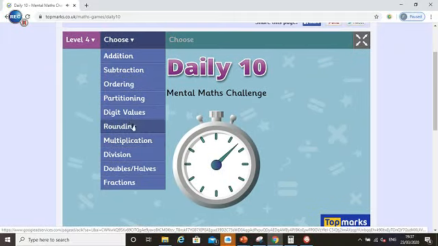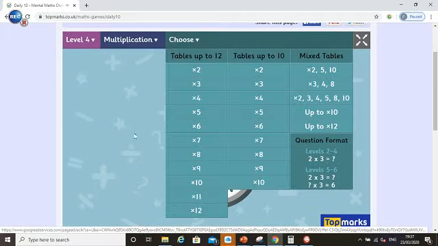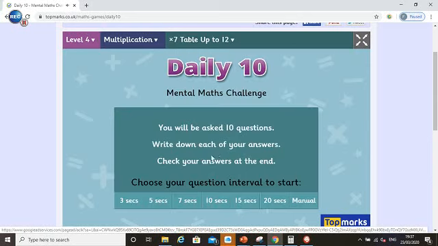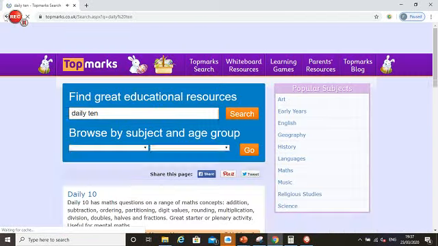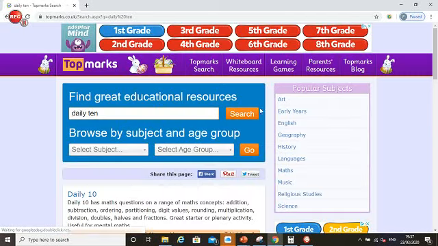Particularly good to do a multiplication and division practice each day, and then you can choose the seconds between each question on there. So I'll put the URL into the description box on this video, and keep doing a bit of maths daily, however you do it.